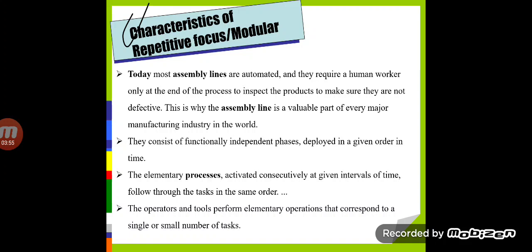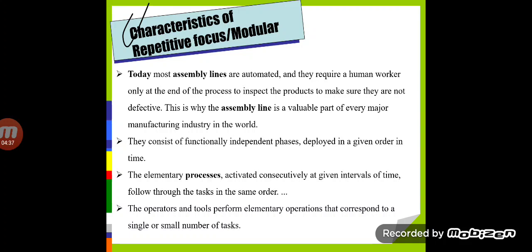In a car engine, for example, we cannot manually make the engine, but we can make this product with the help of automatic machinery. Human workers are required only at the end of the process to inspect the product to make sure it is not defective. This is why the assembly line is a valuable part of every major manufacturing industry in the world.